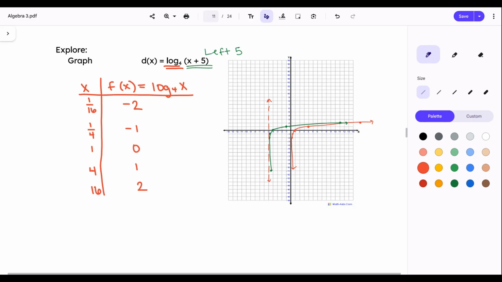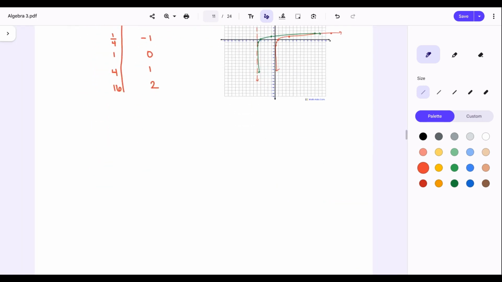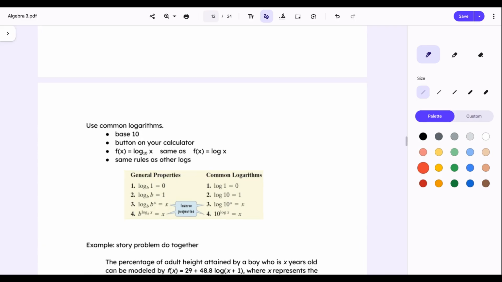Okay, so far a lot of the things that we've done with logarithms, we haven't really been exclusively typing stuff into our calculators. We've been doing a little bit with the exponentials and then using that to help us get to our logarithm. Sometimes though, we can use our calculators to help us solve certain logarithms. So if you guys go to the next page, we're going to talk about something called a common logarithm.